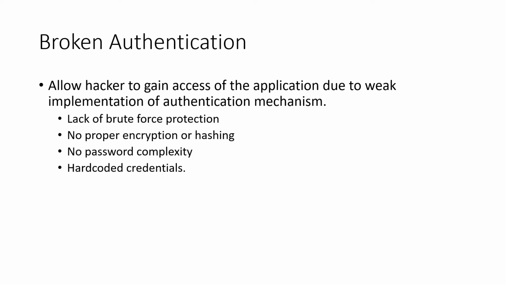If we allow users to set simple passwords such as admin123, then it's an easy way for hackers to guess the passwords. Sometimes we leave hard-coded credentials in the code. This can also lead hackers to gain access to the application.